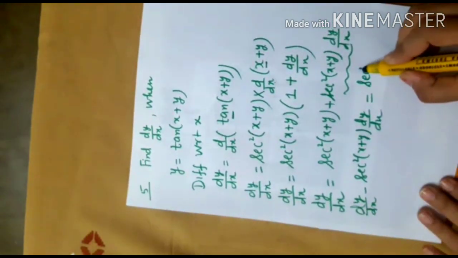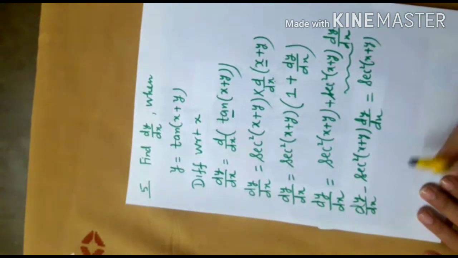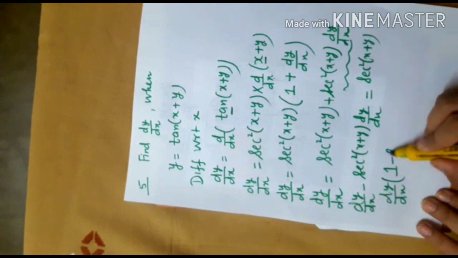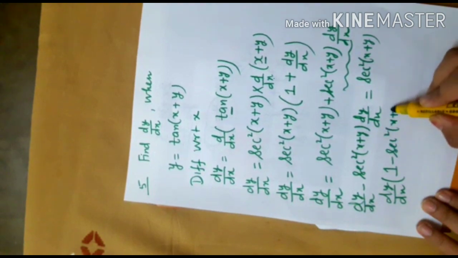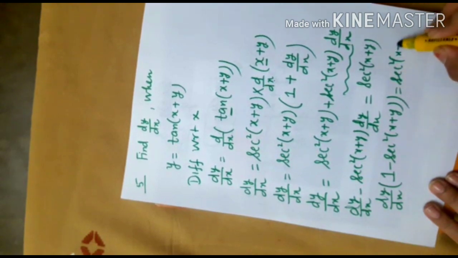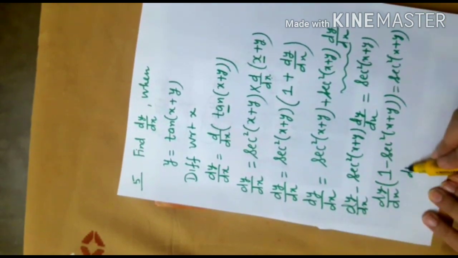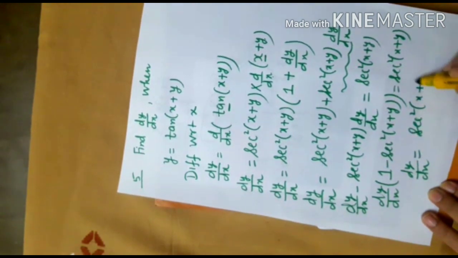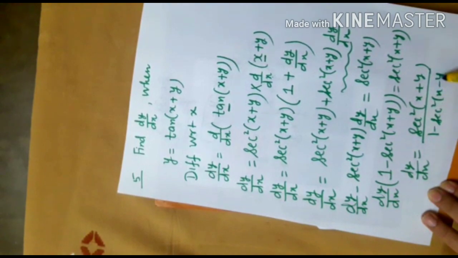This is equal to secant square (x plus y). So from here dy by dx times (1 minus secant square (x plus y)). So dy by dx is equal to this over this.